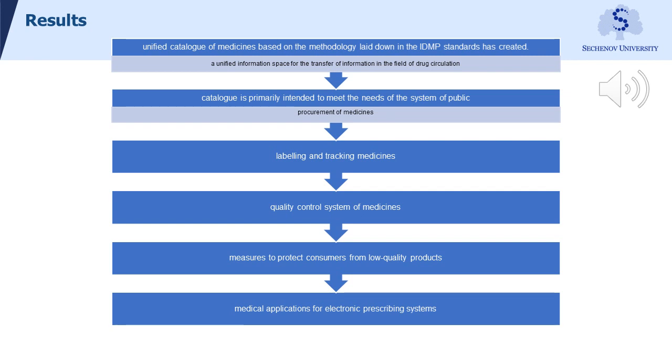Also, it's useful for labeling and track and tracing of medicines, quality control system, and it will help to protect consumers from low quality medical products, and also it will help pharmaceutical companies to submit applications for regulatory activities, and this data will be used in electronic prescription systems and all other different ways of using data about medicines.